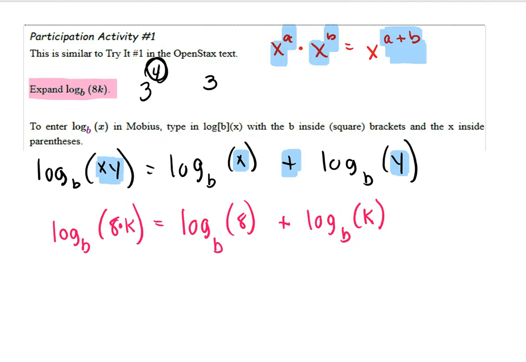But if you wrote 3 sub 4, the 4 is down low. Actually, let me change that to a variable. If I were to write n cubed, the 3 is up high, that's an exponent. If I wrote n sub 3, which is down low, that's a subscript.